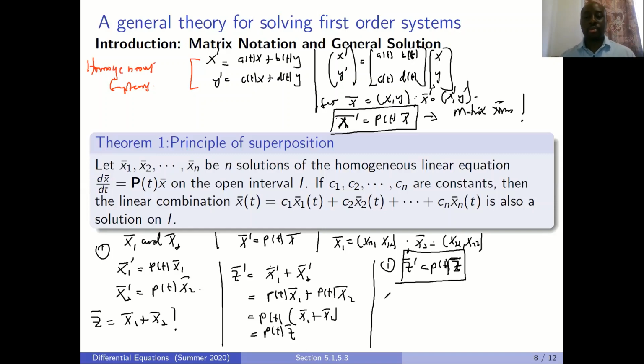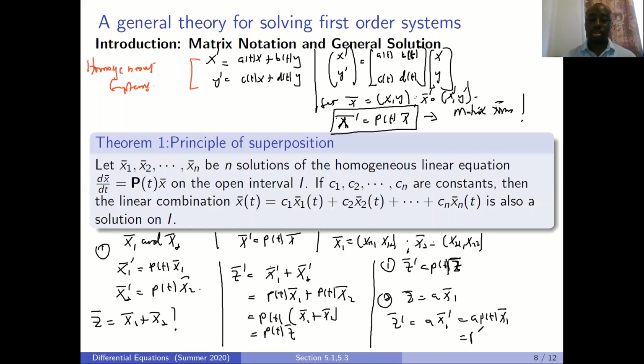Okay, and so this concludes that a sum of solutions to the homogeneous first order system is a solution. Now what if I consider a scalar multiple? Let z bar be a times x bar 1. Then z bar prime is just a times x bar 1 prime, which is a p of t x bar 1, which is p of t a x bar 1, and this is p of t z bar.